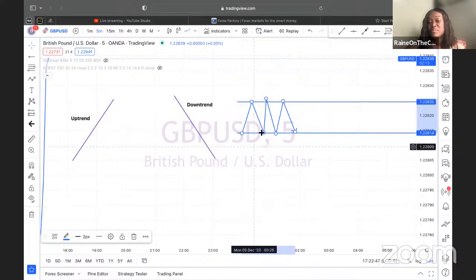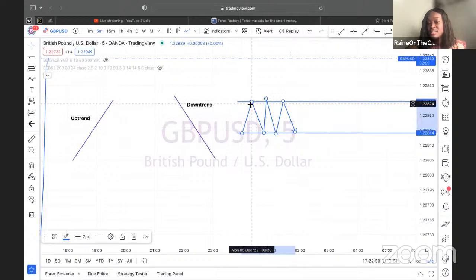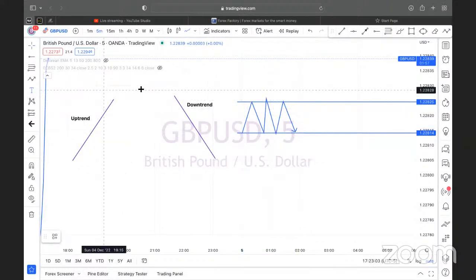So when it's bouncing around in here, do you know what this top line is called? Resistance, yes, or the ceiling.